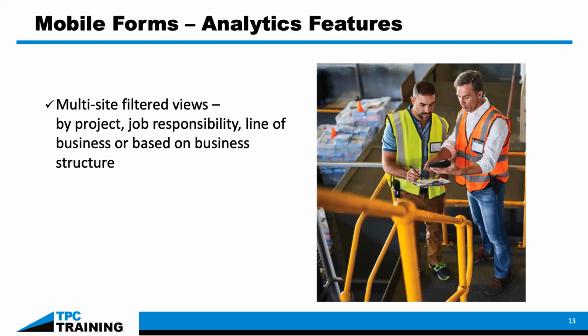We can look at these mobile forms by project, by job responsibility, by line of business, or based on your business structure, so you have an East group and a West group. We can look at the mobile forms coming in through a filtered view that provides exactly the data you need to take the appropriate action.